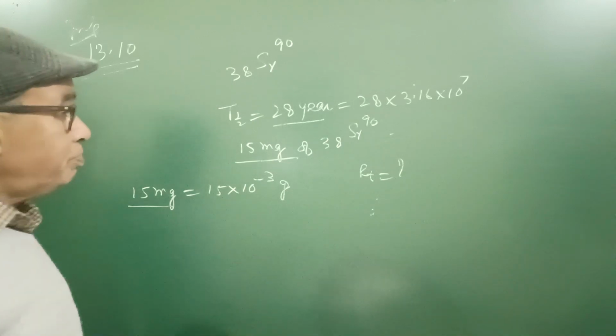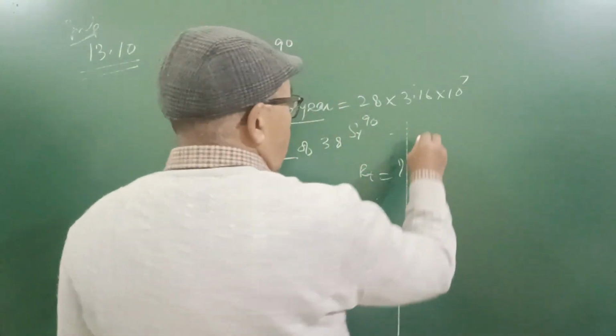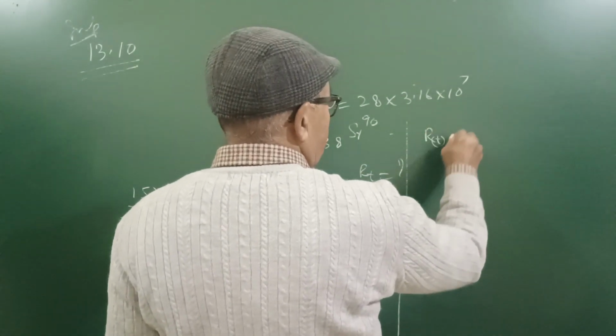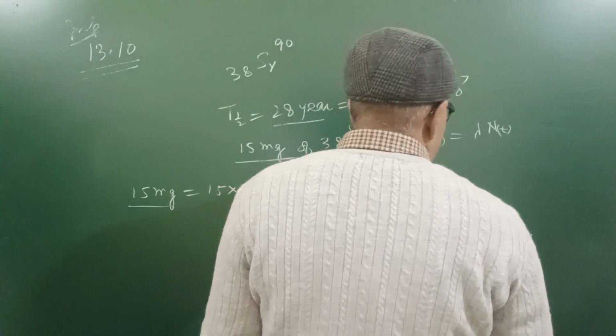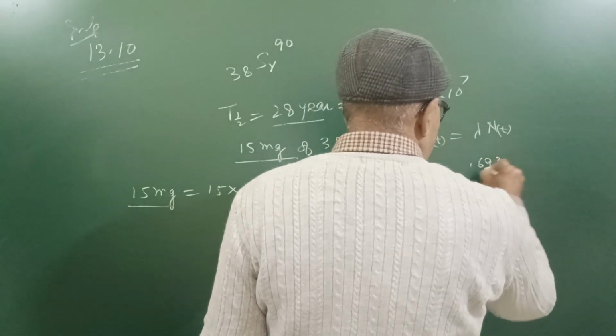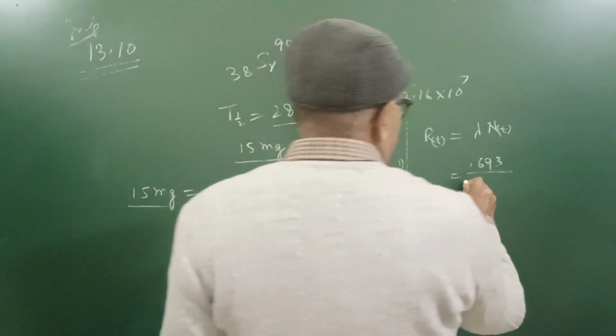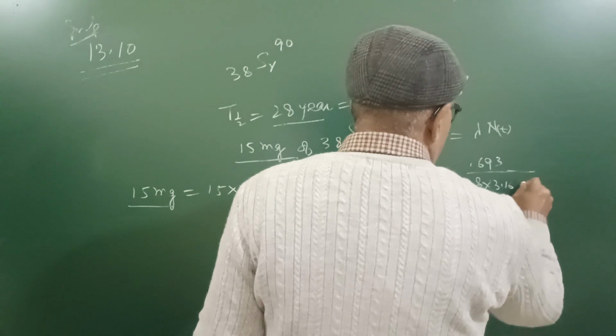So you know, the matter is simple. We know R(t) equals lambda N(t). Lambda equals 0.693 upon T half. T half is 28 into 3.16 into 10 to the power 7.